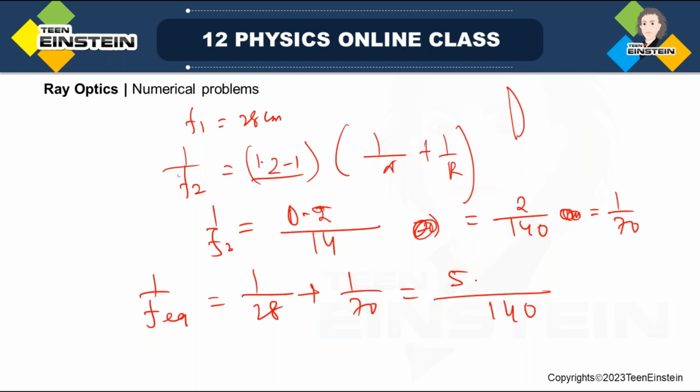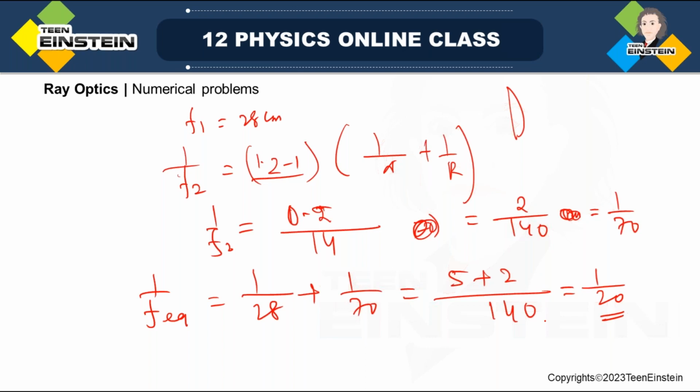So this is 5, this is 2. So this will actually give 1 over 20. So equivalent is 1 over 20.